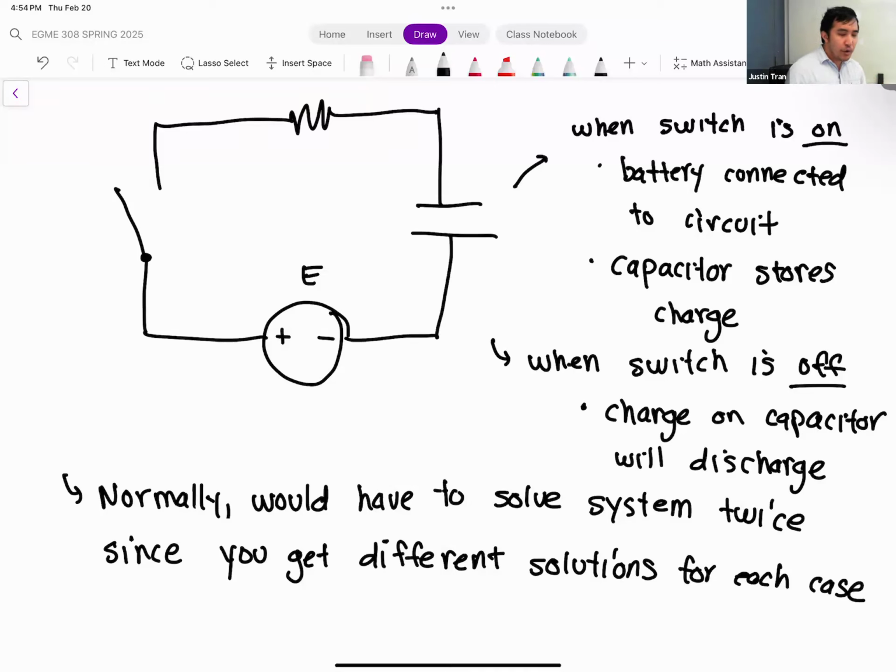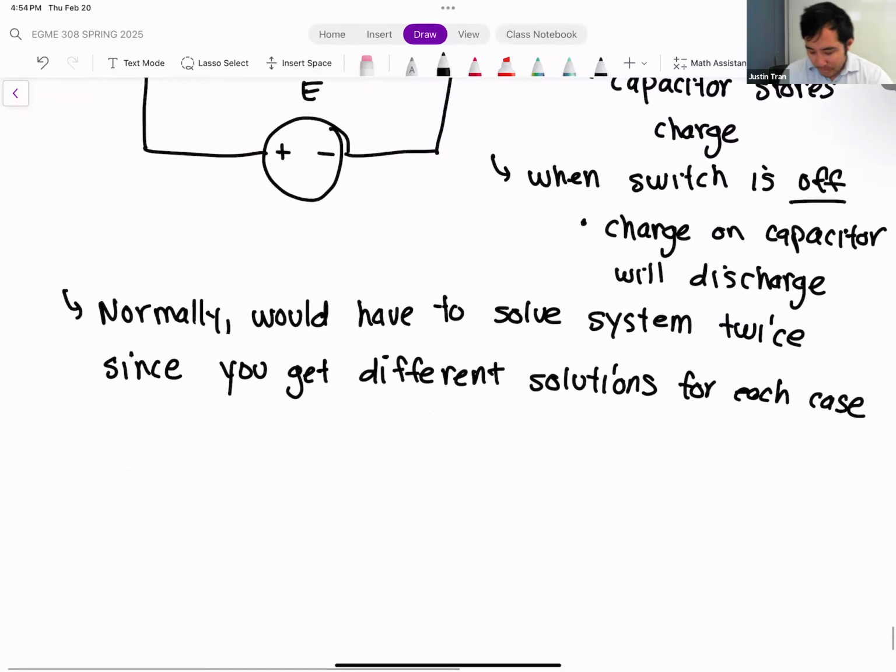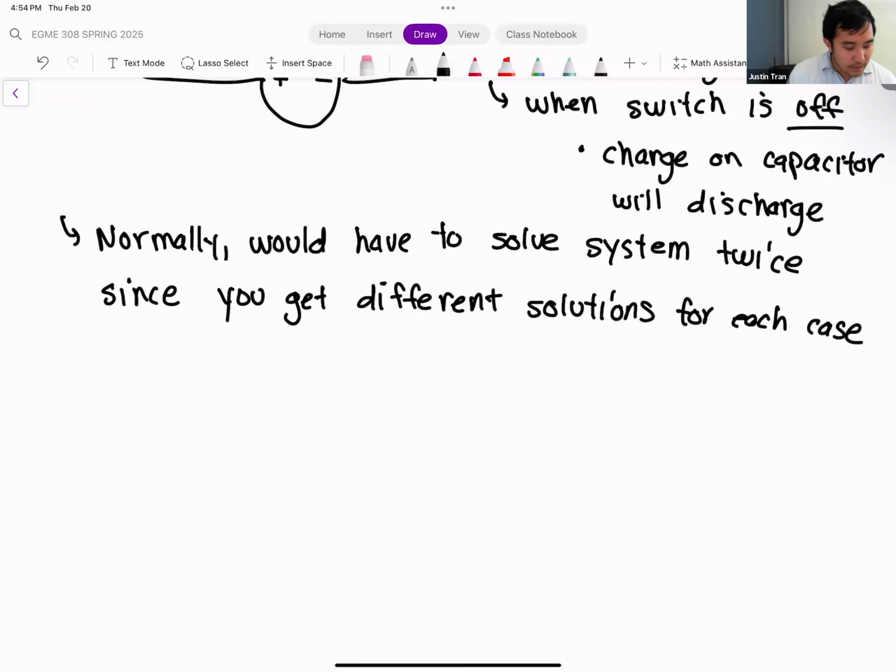And so to solve cases where you have forcings that get turned on and off, the traditional way is really not practical and really kind of annoying. Okay. So what we can do is take these situations and use a step function to model the forcing.